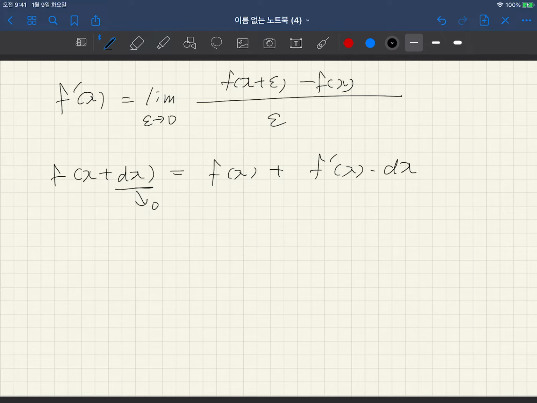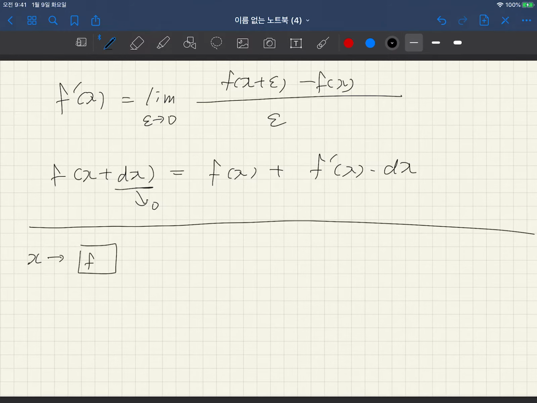Okay? Right. Then what happens when we have a composition of functions? There is input x, and this input x goes through multiple different functions from f1 to f capital L, and then we have the output y.